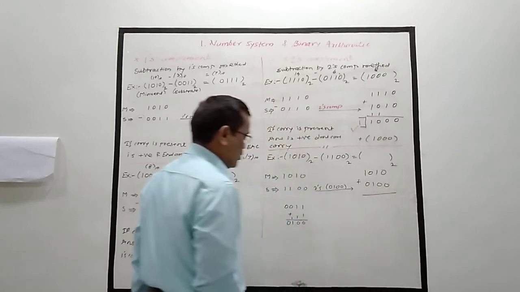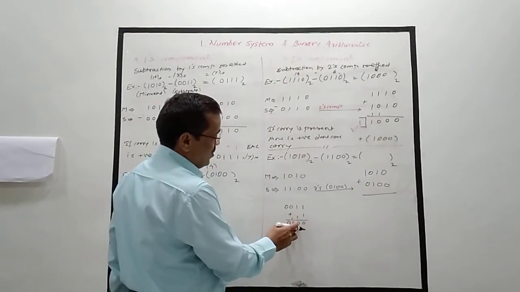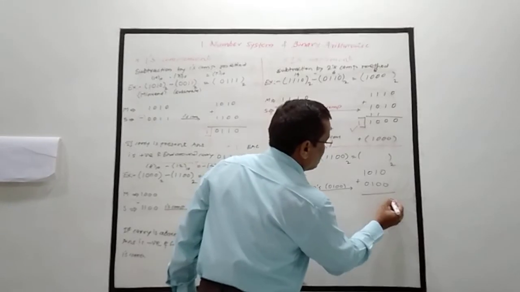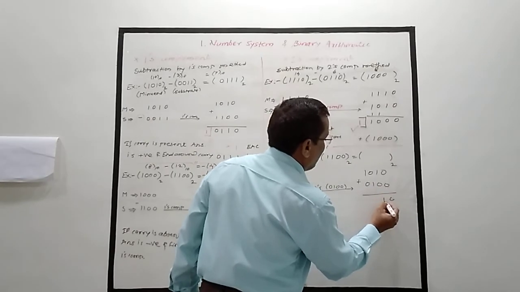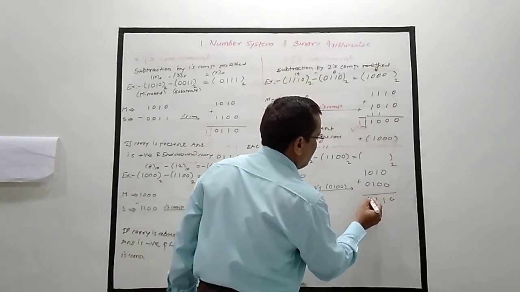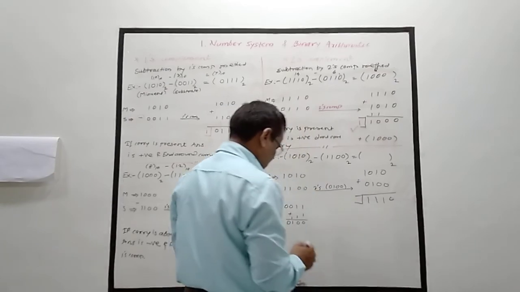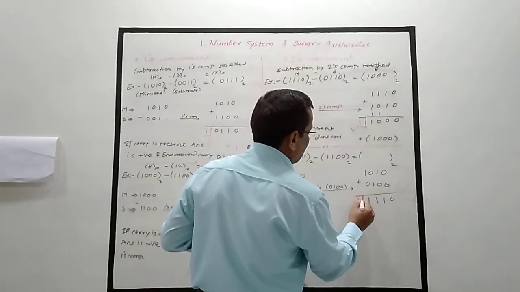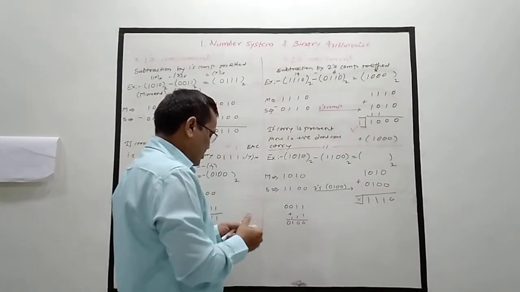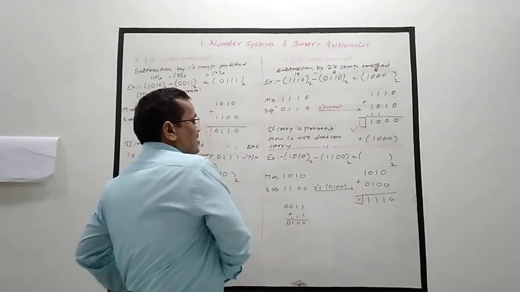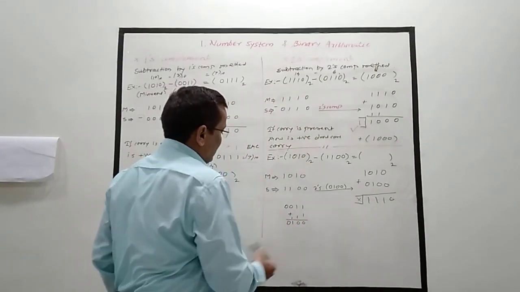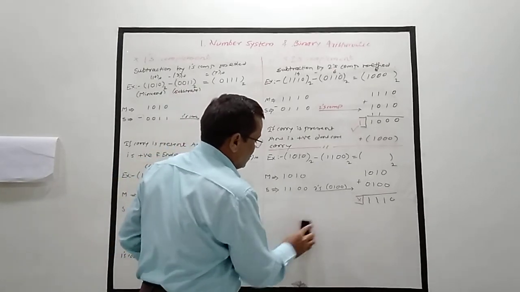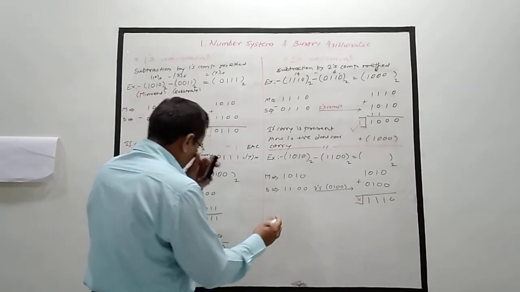Going to add these two numbers, 0 1 1, here 1. Now in this case carry is absent. That means the answer is negative. Carry is absent. Answer is negative.